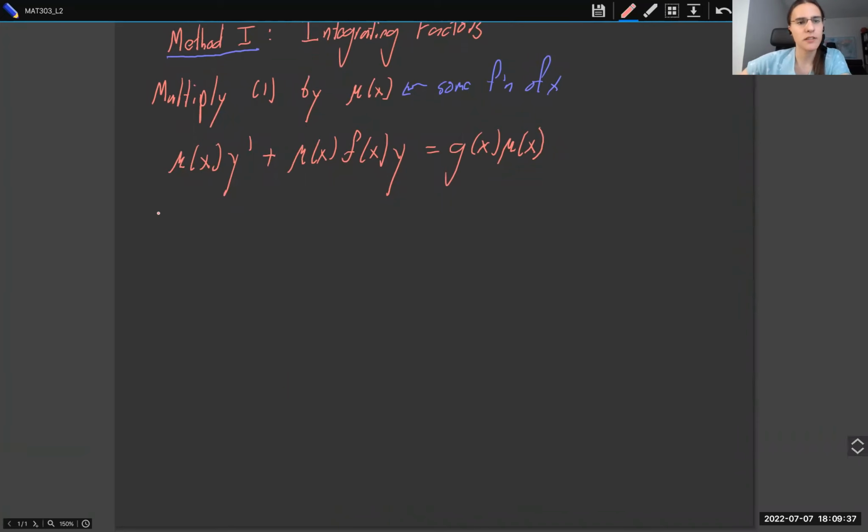Suppose that the left-hand side had the form. So let's look at this. There's a y prime here, and there's a y here. And then there's a mu here, and then there's some expression here, right? Now, what sort of single expression would give us both a y prime and a y?